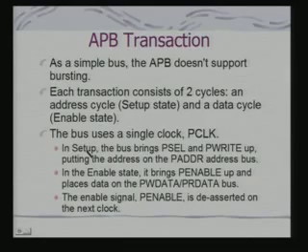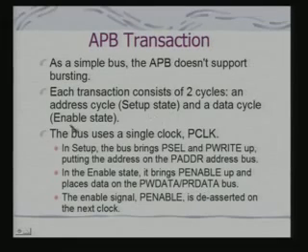In setup, what happens? The bus brings PSELECT and PWRITE up, putting the address on the PADDR bus. These are the address lines. In the enable state, it brings PENABLE up and places the data on the PWDATA or PRDATA bus.